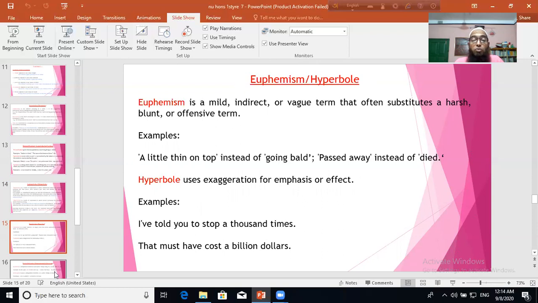It's impossible. So this is hyperbole. Another example: "That must have cost $1 billion." This $1 billion is an exaggeration. As Wordsworth said in "Daffodils," "I saw at a glance thousands of daffodils." He did not count them, so that is a hyperbolic expression, an exaggeration.